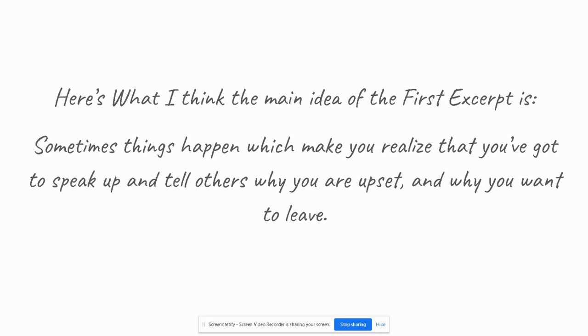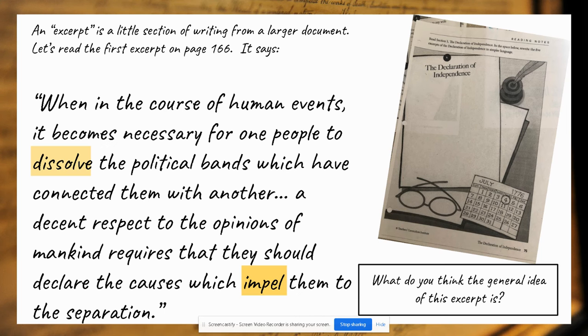Here's what I think the main idea of the first excerpt is. Sometimes things happen which make you realize that you've got to speak up and tell others why you are upset and why you want to leave. When it's talking about dissolving the political bands which have connected them with one another, they're talking about the American colonies and their connection to England.